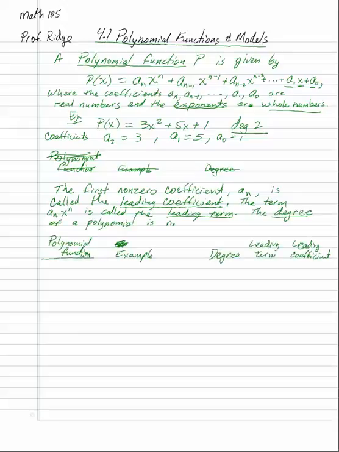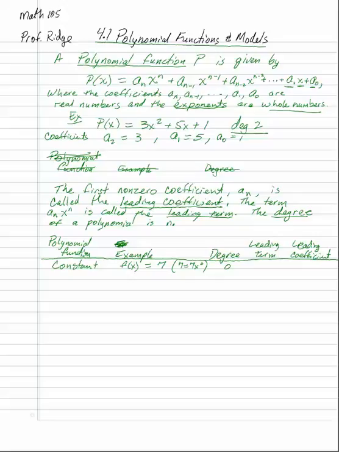Okay, so let's look at some examples, and we're going to introduce some of the names for these. A constant function might be something like f of x equals just a number, 7. Note, you can write 7 as 7x to the 0. So the degree is 0.